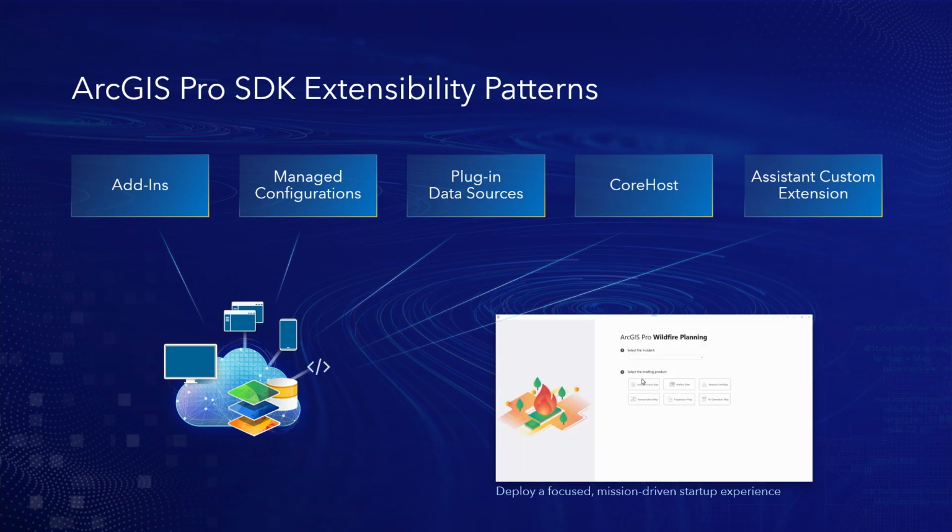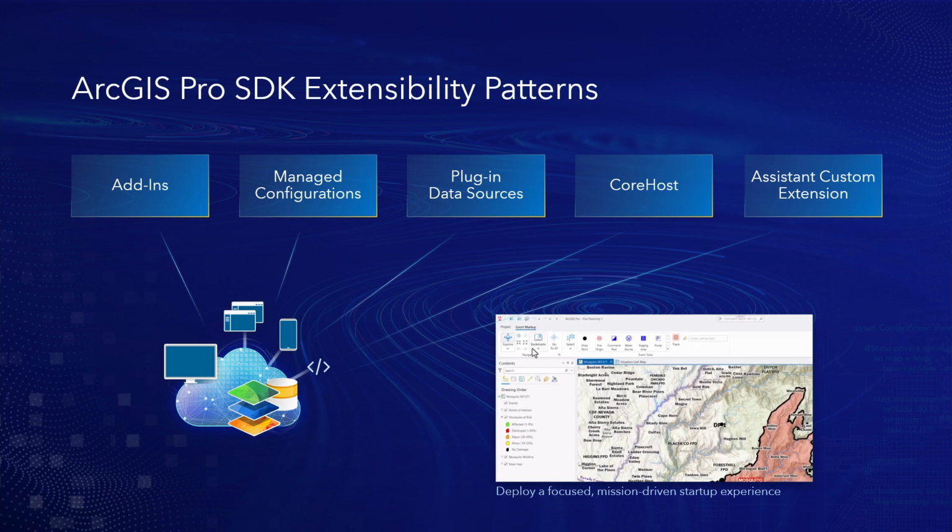Managed configuration is a pattern which allows for deeper UI and UX customization, giving you the power to develop entirely custom user experiences. Plug-in data sources allow you to integrate and load non-standard or proprietary datasets directly into ArcGIS Pro.